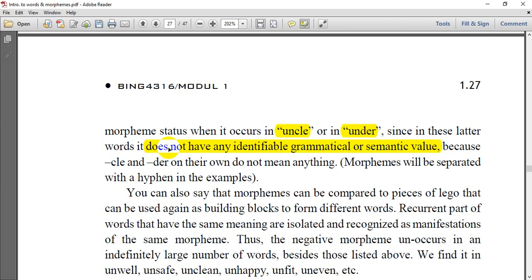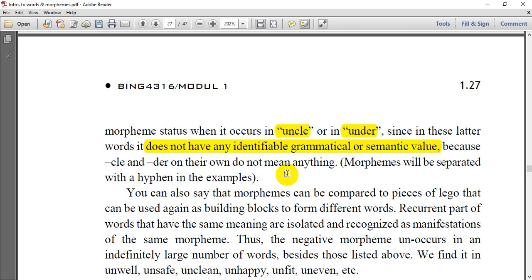Cell and tear on their own are meaningless. So morphemes will be separated with a hyphen in the examples.